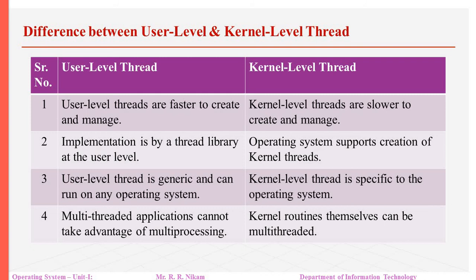Next part, a multi-threaded application cannot take advantage of multi-processing. This is the disadvantage of the user level thread. While in the kernel level thread, kernel routines themselves can be multi-threaded.